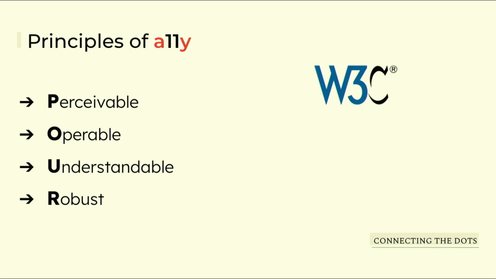W3C's Web Accessibility Initiative has broken down accessibility into four key principles. Number one is perceivable, which means that information shouldn't be invisible to users. It should be accessible by one or more senses.